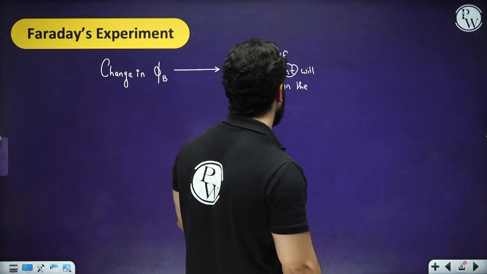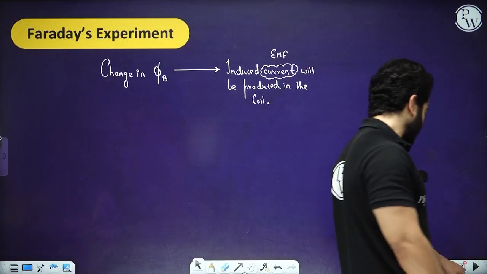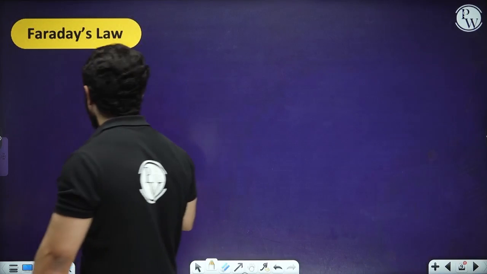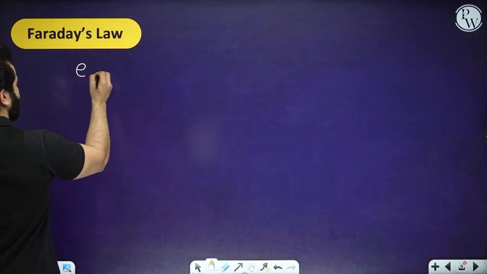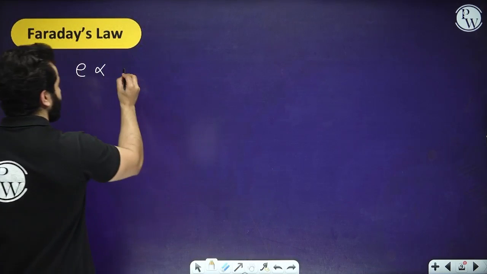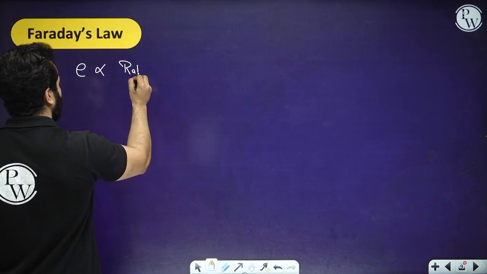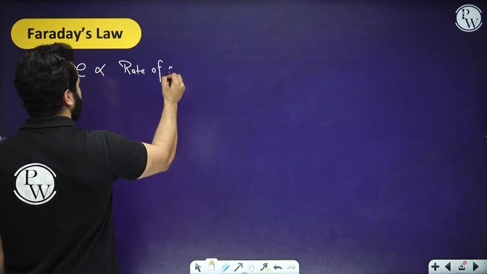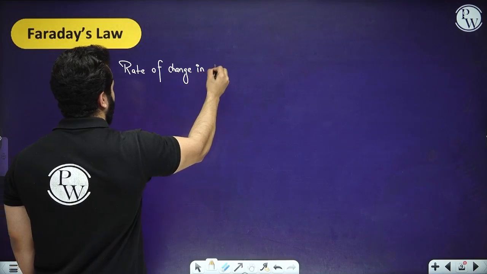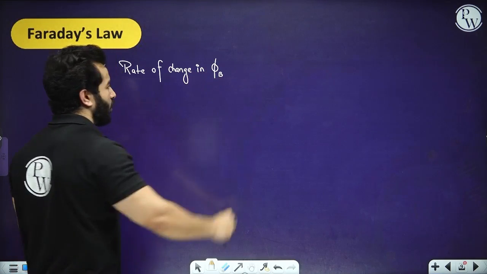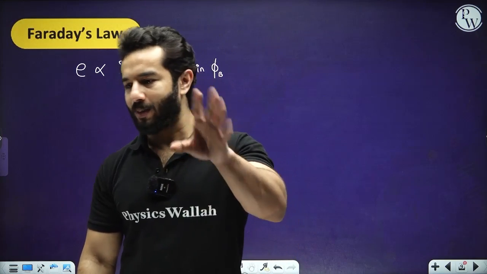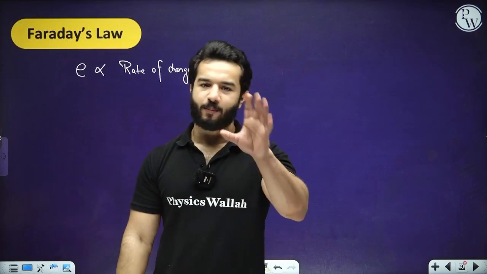Now he discovered, and all of these things we are going to write in Faraday's law, that induced EMF is directly proportional to the rate of change in magnetic flux. So if magnetic flux is changing, there will be induced current, and if there is induced current, there will be induced EMF.